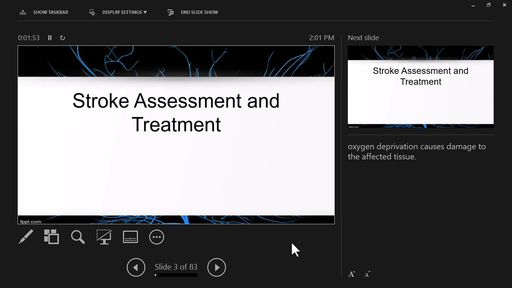Now, here's the other thing that you want to kind of keep in mind. If we have a patient that has a stroke who is also potentially having a diabetic emergency, we want to do our very best to identify the type of stroke that the patient is having. Because if you keep in mind, and we'll talk more about this in a minute, if we have a patient that has a hemorrhagic stroke and we introduce high concentration of glucose into the blood, now guess what happens?